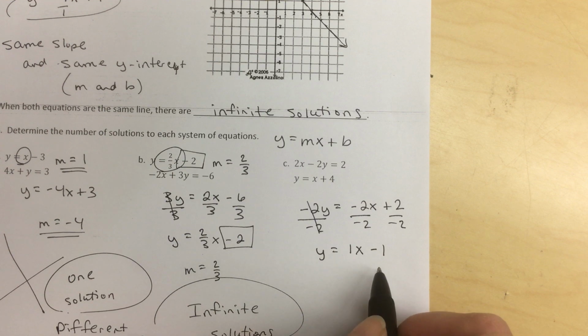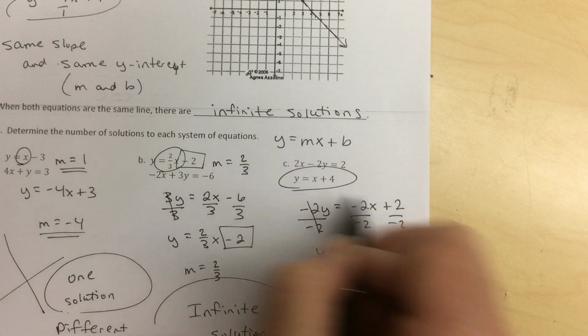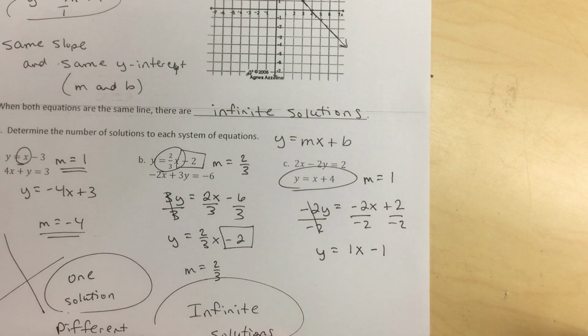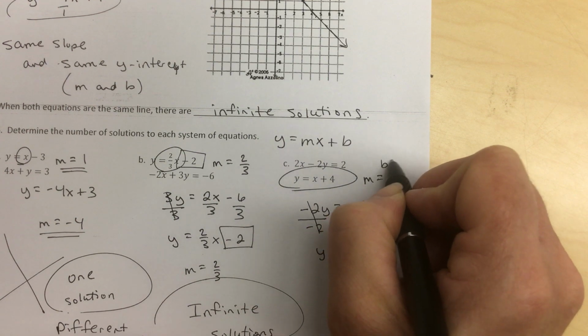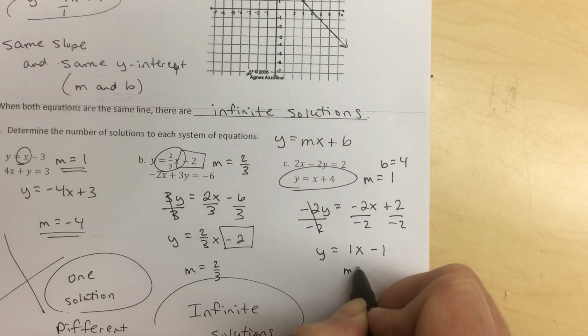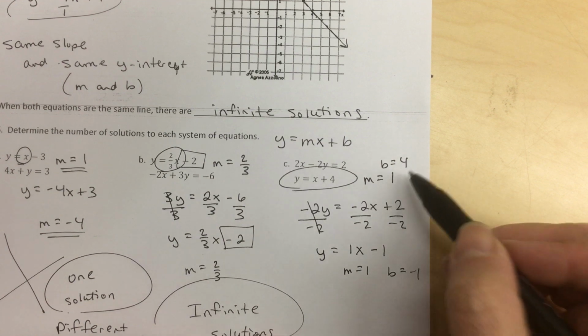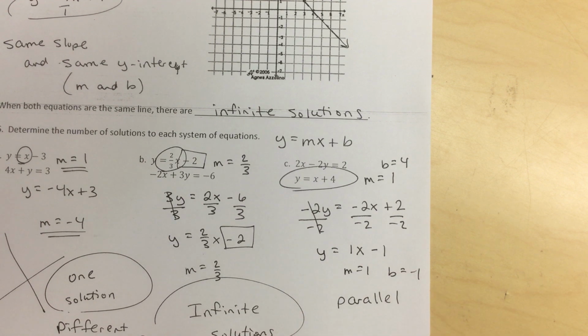The slope is 1, the y-intercept is -1. This one is already in y equals mx plus b form. M is 1, b is 4. Here, m is 1, but the b is -1. So I have the same slope, different y-intercept. These are two separate parallel lines, so this is no solution.